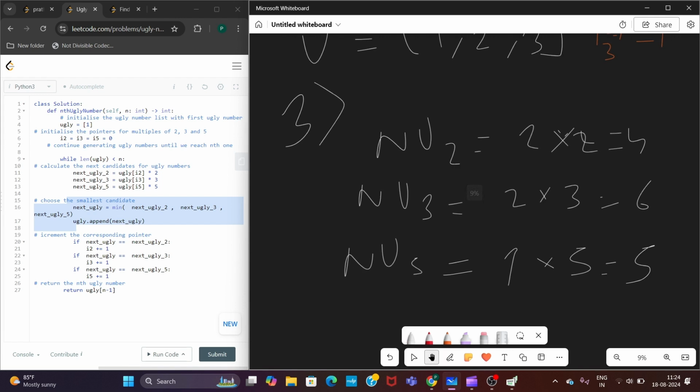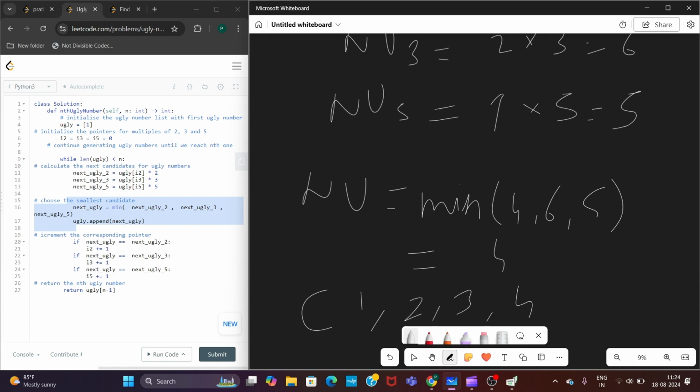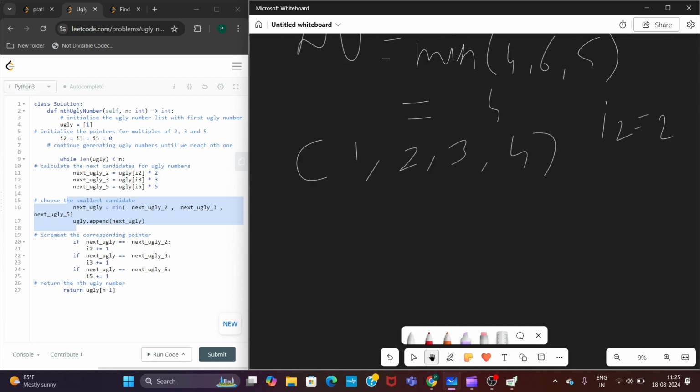So my next ugly will be the minimum of 4, 6 and 5, which is 4. So my ugly will be 1, 2, 3 and 4. My I2 again will be incremented by 1, which is going to be 2. Keep that in mind.